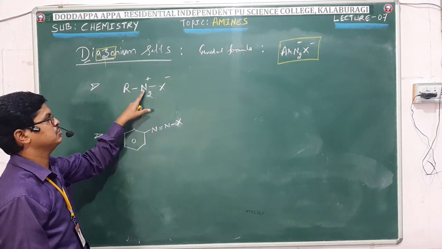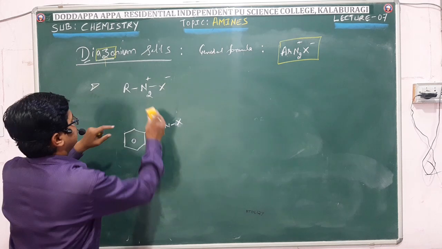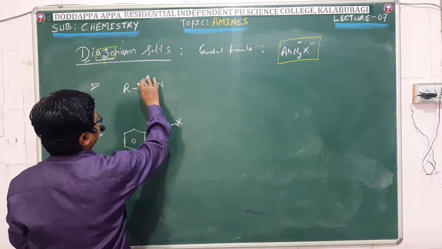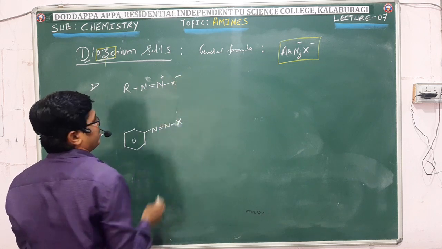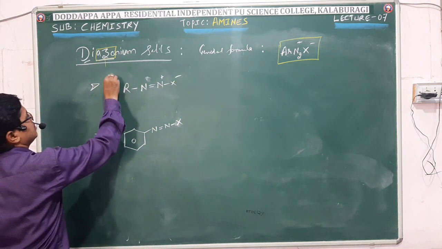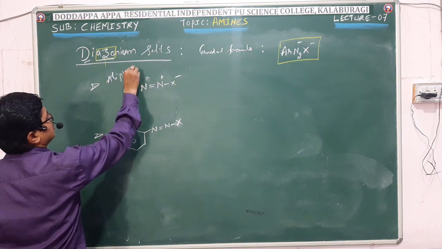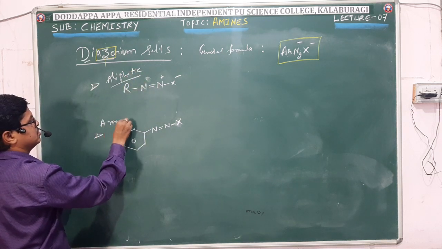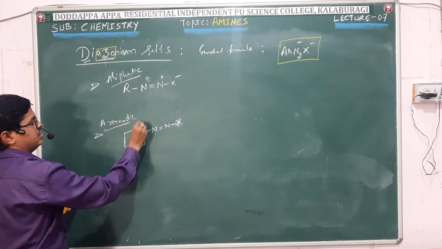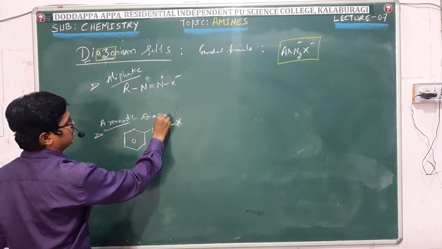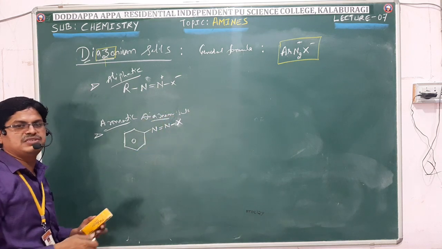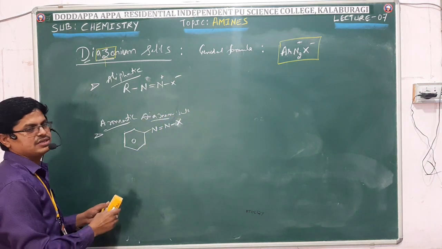Same here also, N double bond. If you want, you can. Okay, fine. This is the aliphatic diazonium salt. This is the aromatic diazonium salt. So among these two, which is more basic, aliphatic or aromatic?